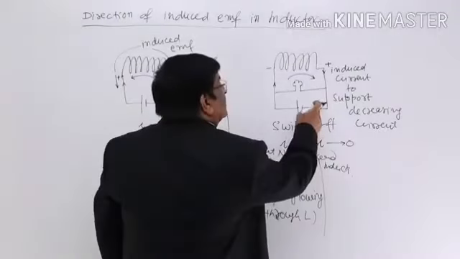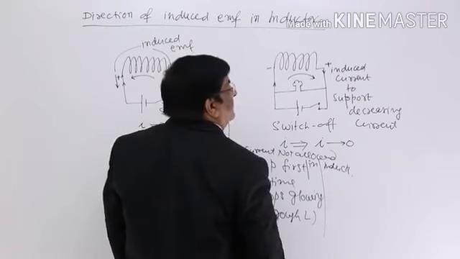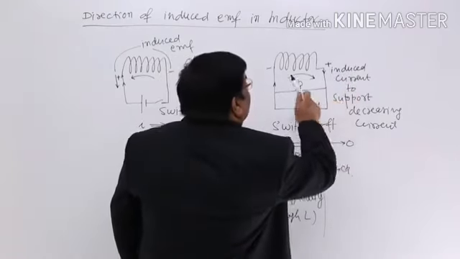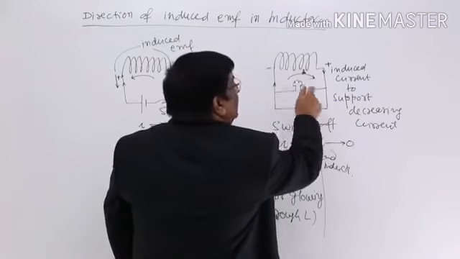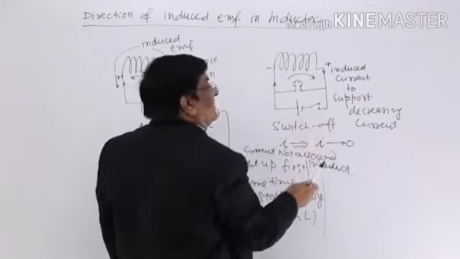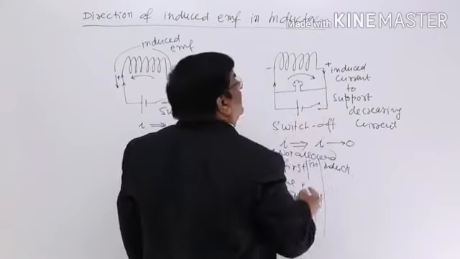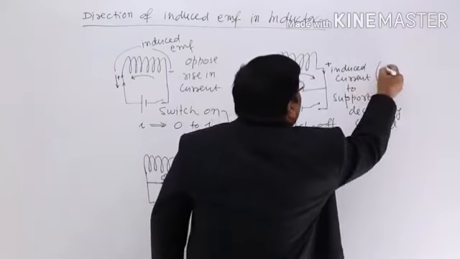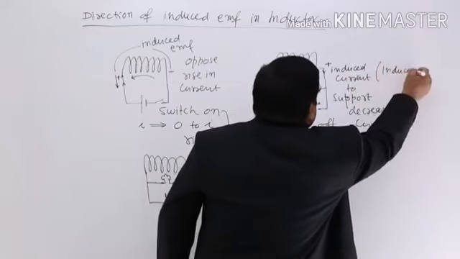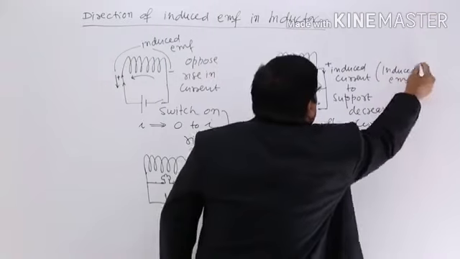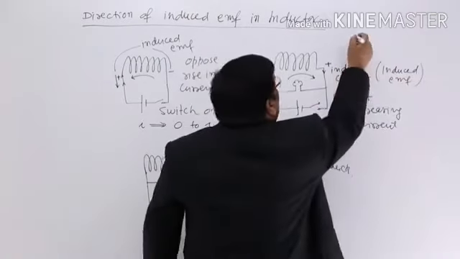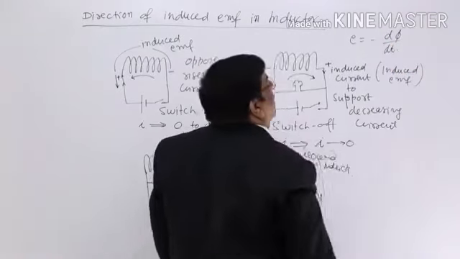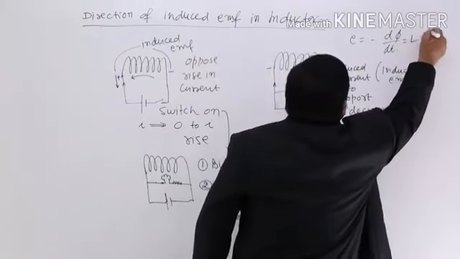Now when we switch it off, what happens? The induced EMF is in the same direction. We switch it off. Now here is an induced EMF, induced current, because current is always produced by EMF, and this E is how much? d phi by dt, or this is L di by dt.